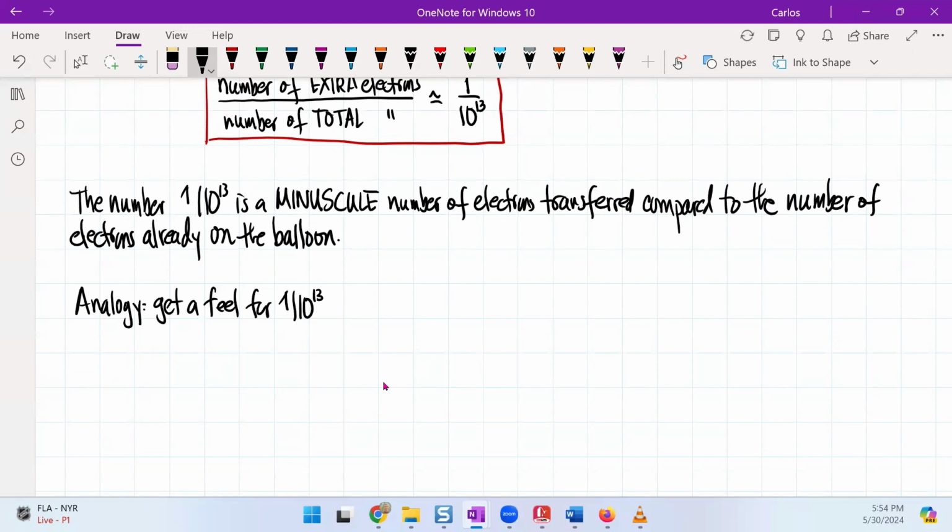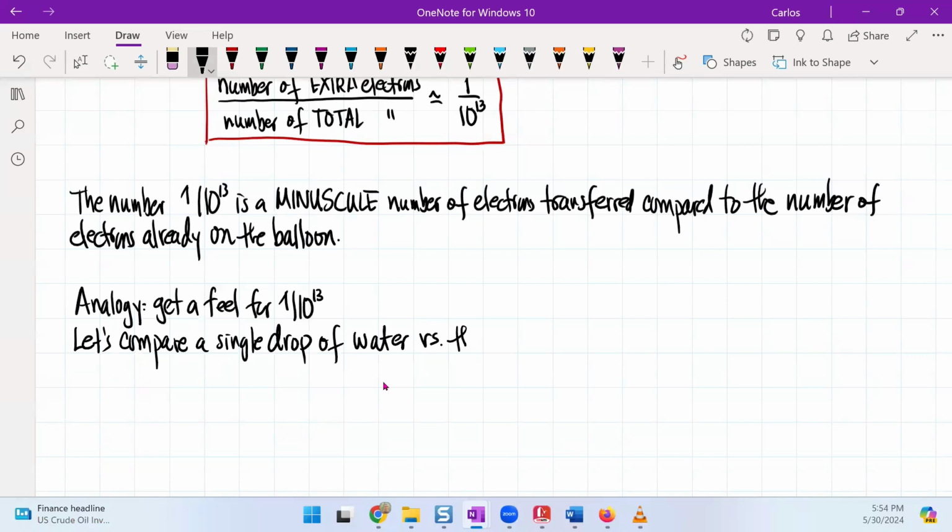So here's what we'll do. Let's compare a single drop of water versus the water level in an Olympic pool. So let's think about this.